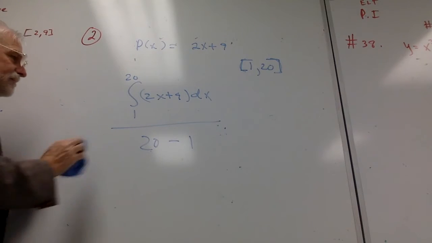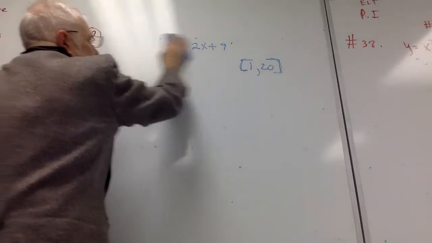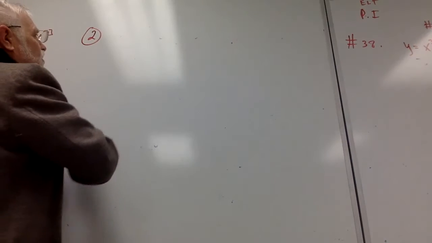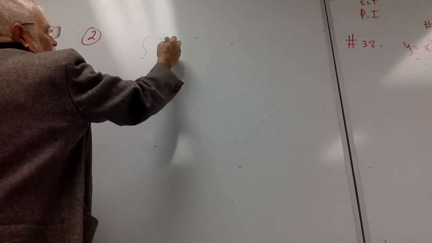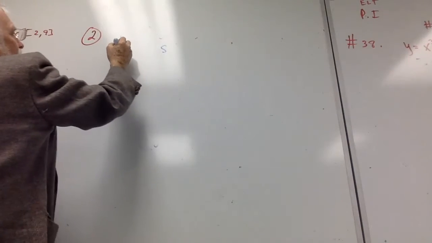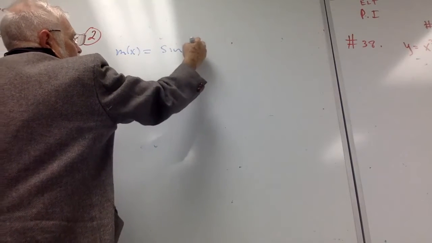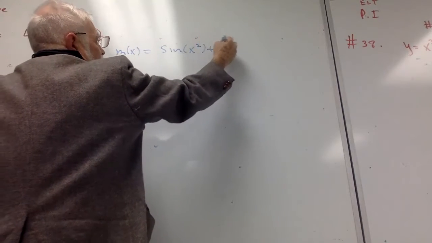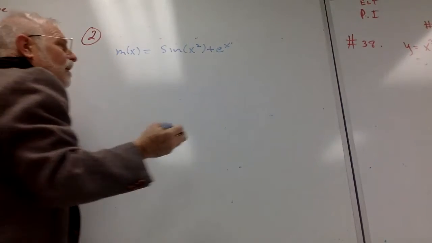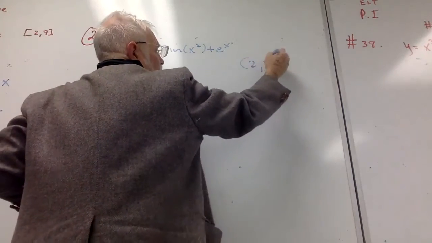Let's do one more. I want the average value of m of x equals the sine of x squared plus e to the x. I want the average value from 2 to 9.